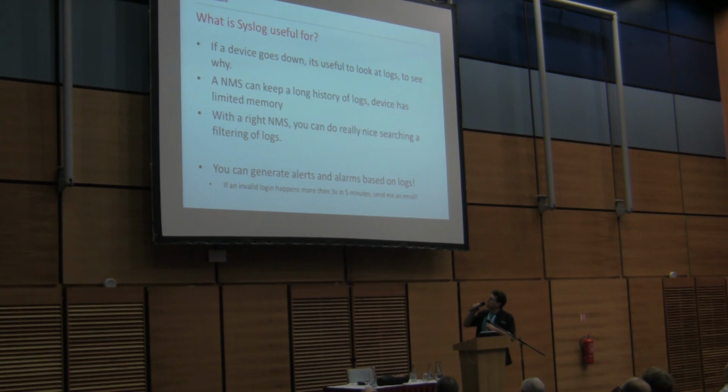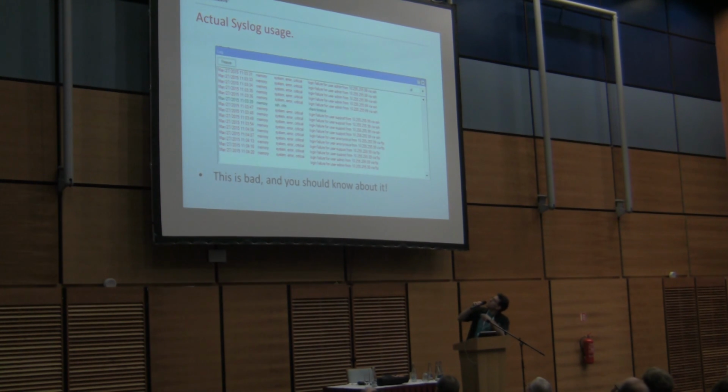And like I mentioned before, you can actually generate alerts and alarms based on the logs. So for example, if an invalid login happens more than 3 times in 5 minutes, send me an email. This probably is a very nice thing to have. So how many of you have seen logs like this? Yeah. So this is bad, and you should probably know when this is happening.